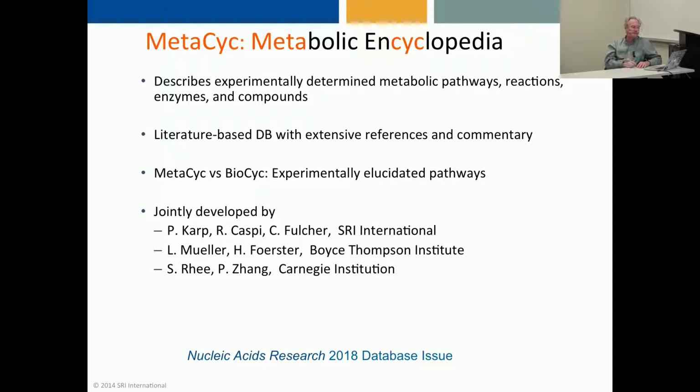So the idea is our curators go out to the literature and extract known reactions and pathways from the literature from all different organisms, all domains of life, plants, bacteria, mammals, everything, and collect them all together to give us this kind of universal collection of pathways.